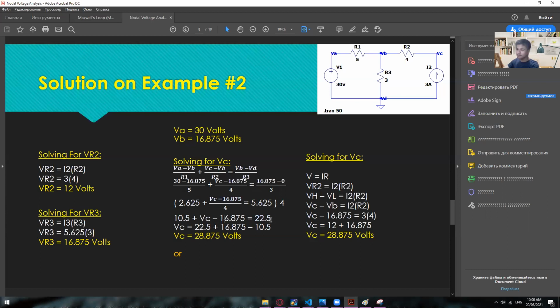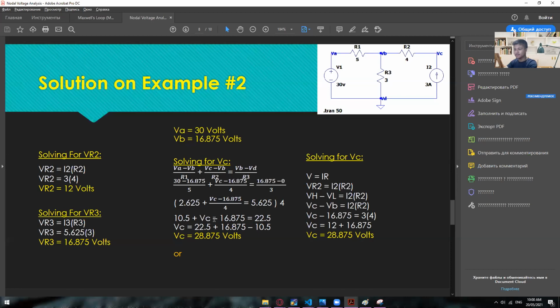Okay. And then from here, you can now add similar terms. So 10.5 minus 16.875, or what I did here is I transpose everything. Okay, so VC is on the left side, and then everything that is not the same is on the right side.